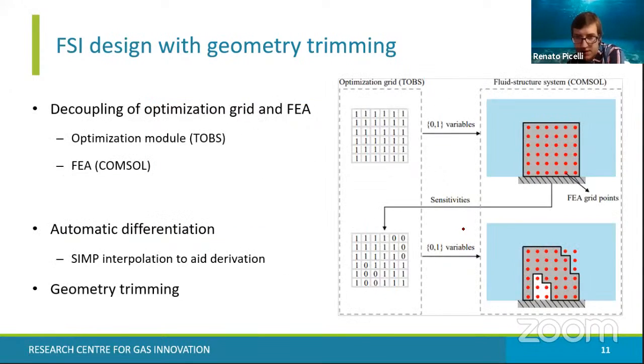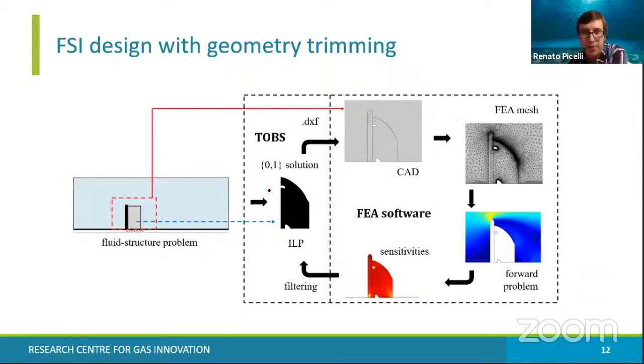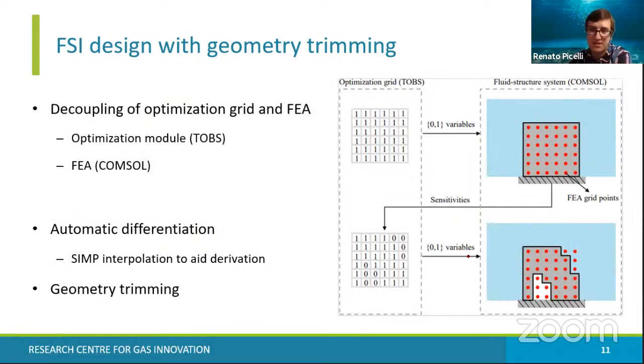Everything apart from solving the optimization problem is done in the commercial software, sensitivities as well. This is actually a crucial point for the method. We create a grid of points that coincides with our optimization grid, so we can extract the sensitivities at the points. That's maybe the unusual part of this approach: we are computing the sensitivity at a point, not an element.